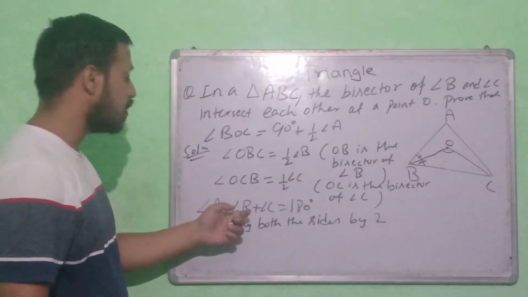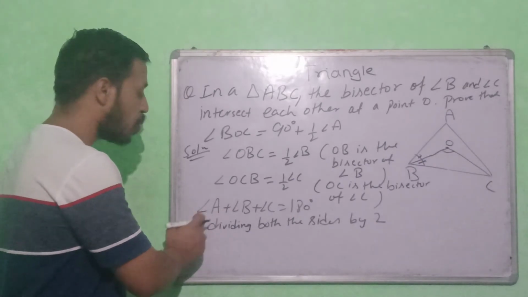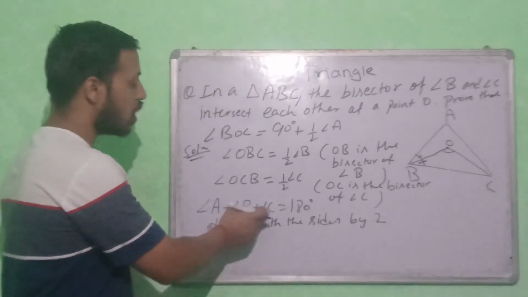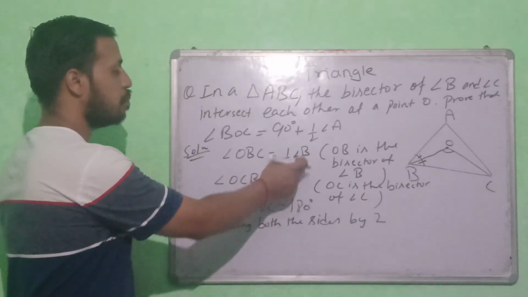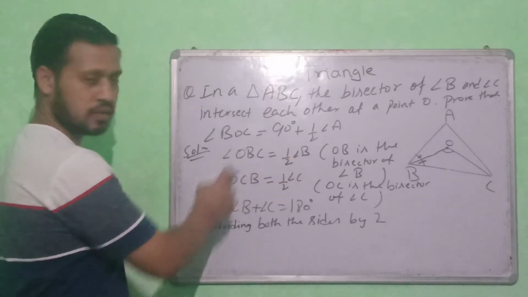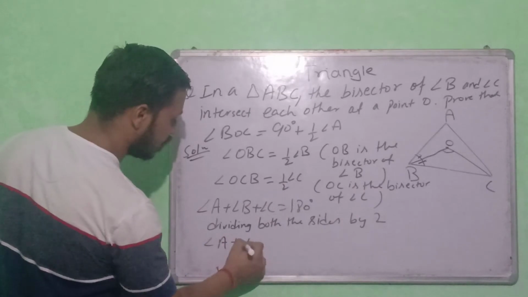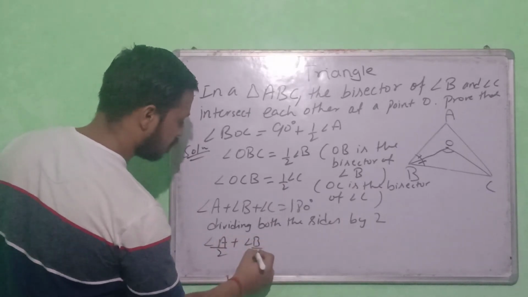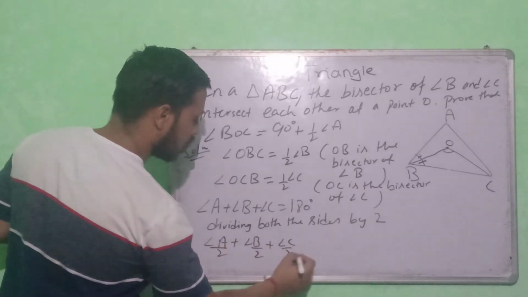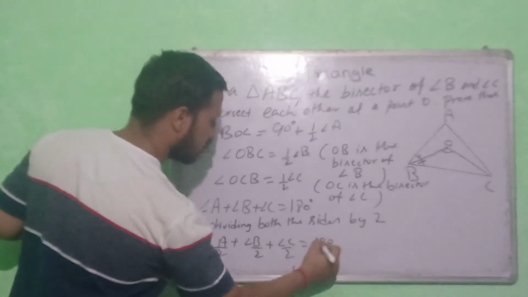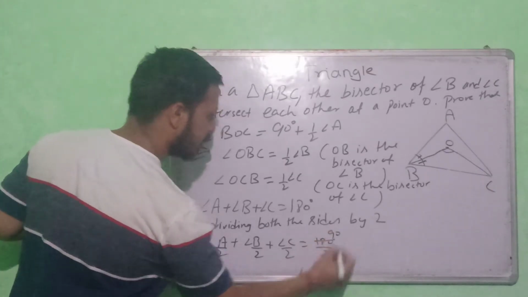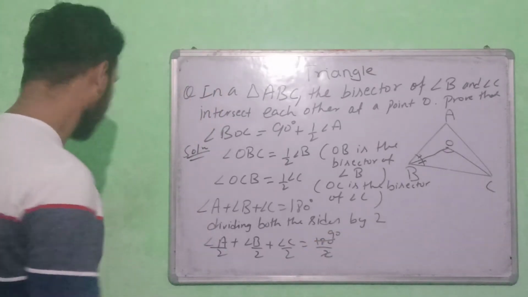After dividing, we will get A upon 2, B upon 2 and C upon 2. The value of B upon 2 and C upon 2 is here. We can use this. Angle A upon 2 plus half of B plus half of C equals 180 upon 2. It will be 90 degrees.